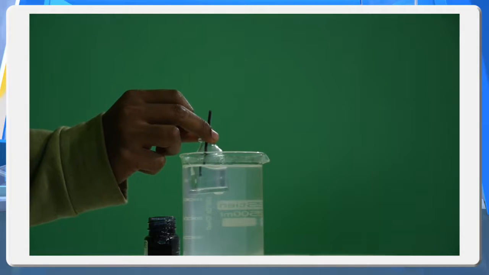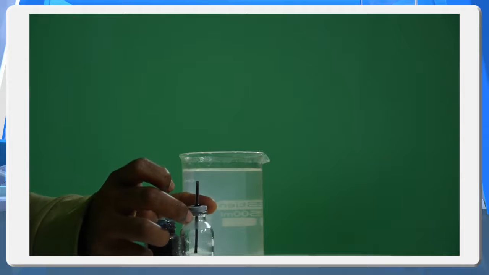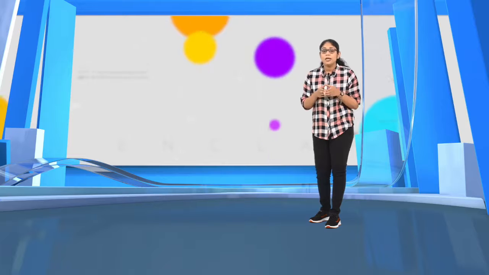Then remove the bottle from the hot water. What can we observe? Ink moves down. What is the reason here? When the refill is taken outside, the temperature of the gas inside the refill decreases, and so its volume decreases, and the pressure experienced by the ink disappears and the ink drops downwards.